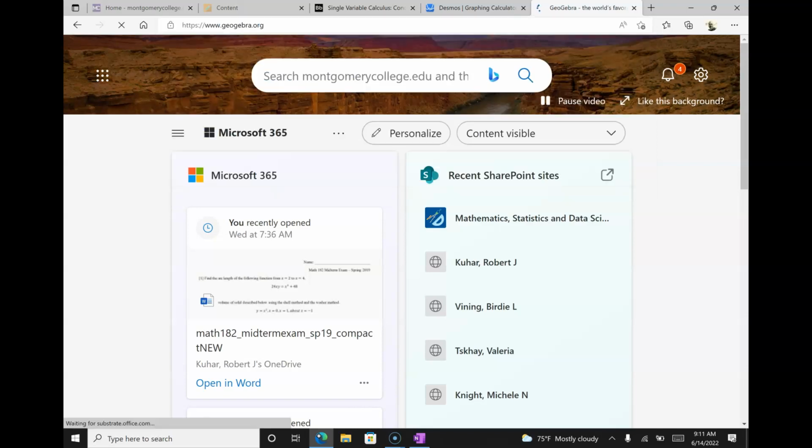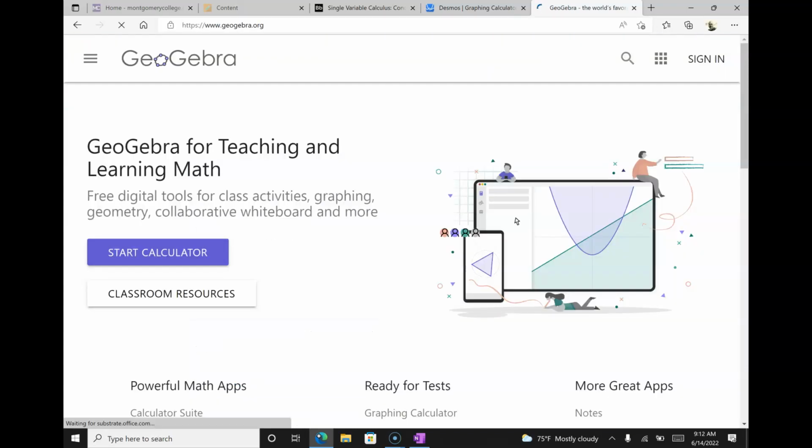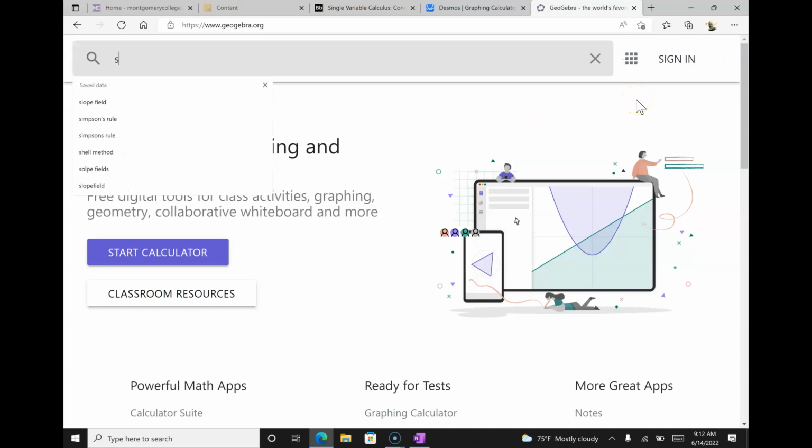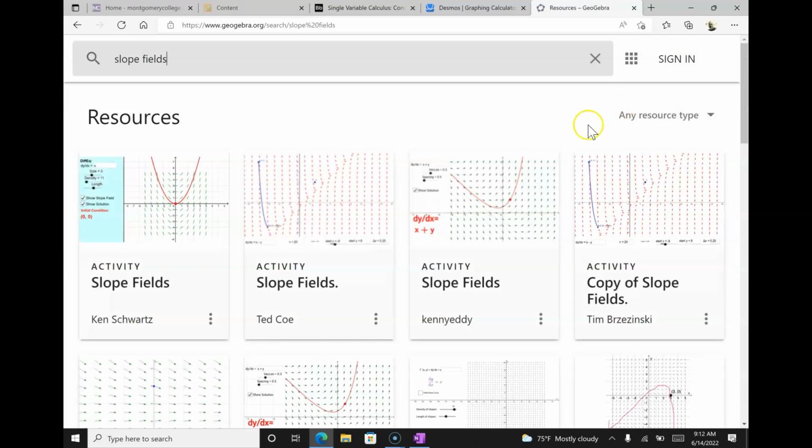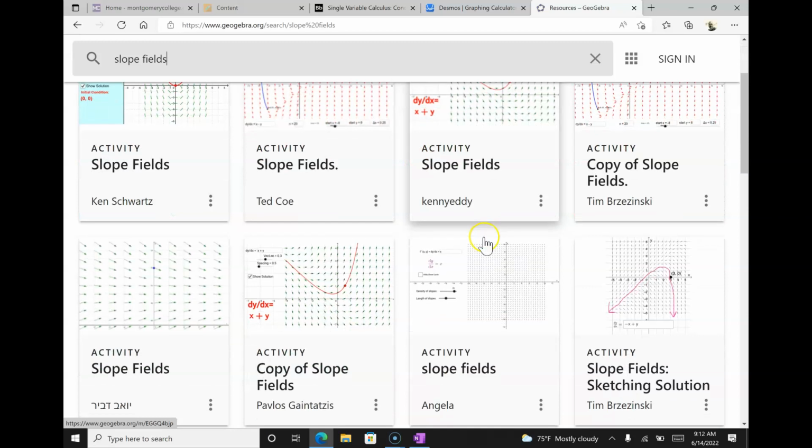So slope fields, I'm pretty sure I know which one I like on this one. So in GeoGebra, please feel free to join me here. I'm searching for slope fields. I think he's from Argentina, the one I like.